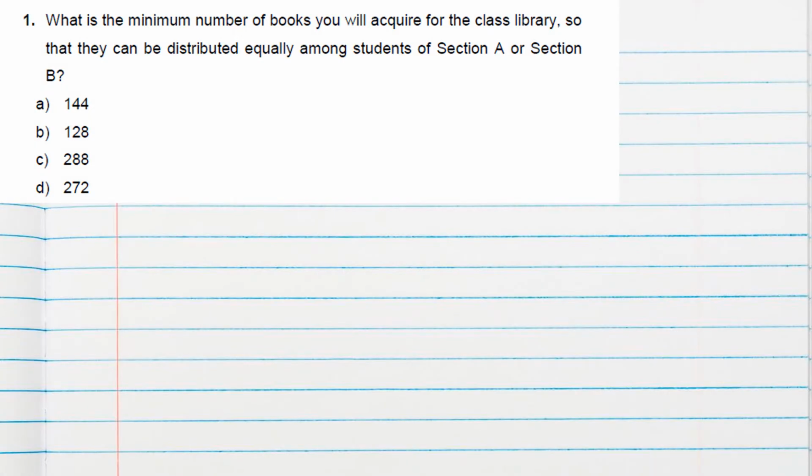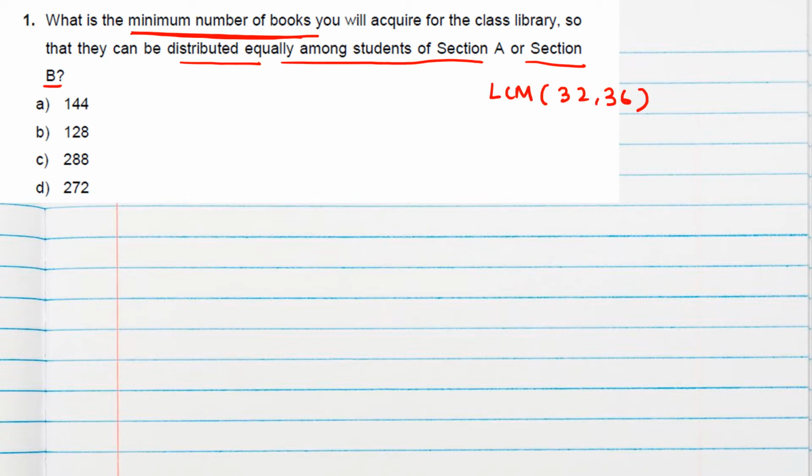Now the first question is, what is the minimum number of books you will acquire for the class library so that they can be distributed equally among students of section A or section B? Now, minimum number of books you require, that means we have to find the LCM of 32 and 36.